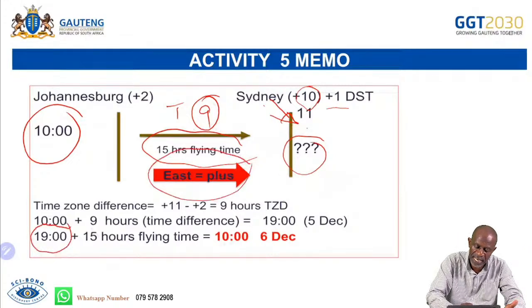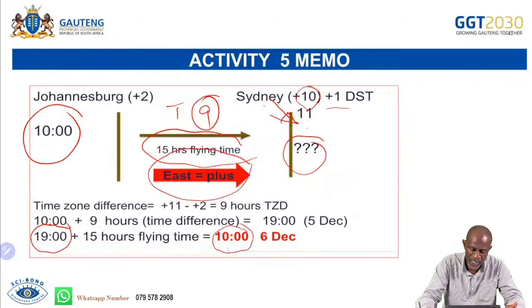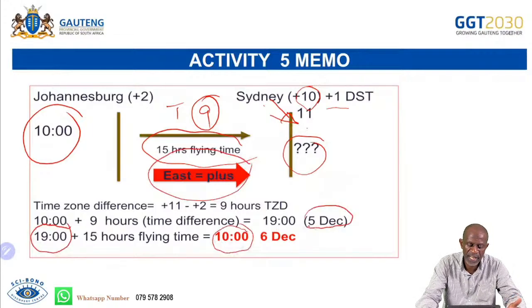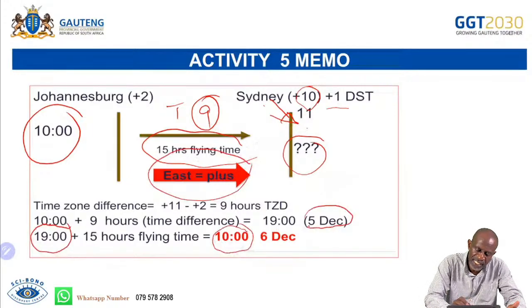So it will arrive the next day at 10 hours because it departed on the 5th of December. So the flight, as we add the flying time and the DST, will reach the destination, which is Sydney, Australia, by 10 hours.